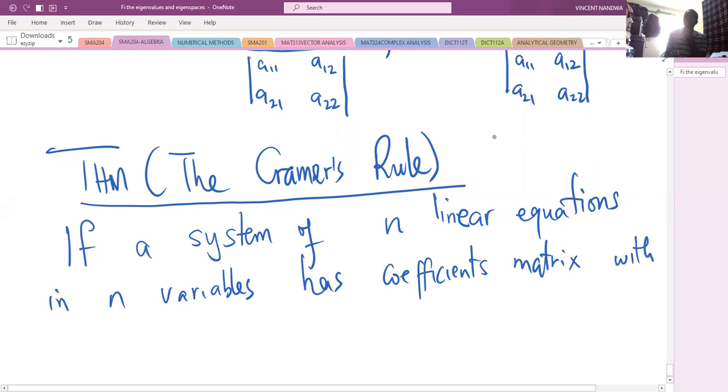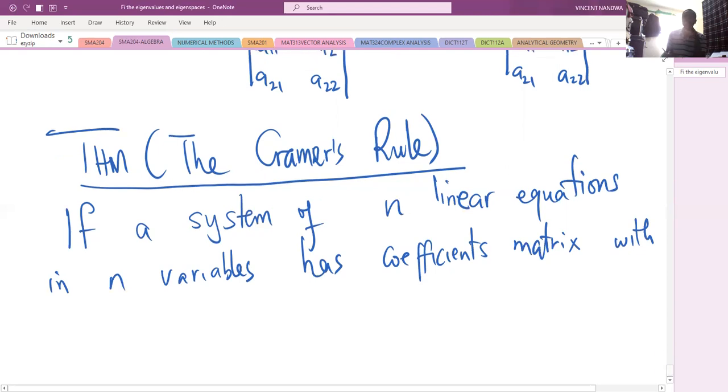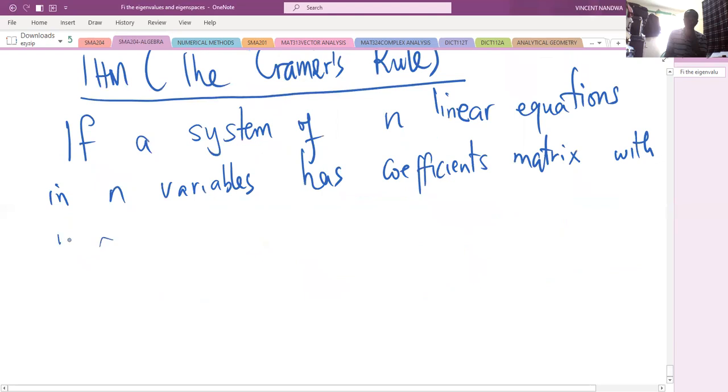So remember, we are dividing by this determinant of the coefficients matrix, so it should be non-zero.